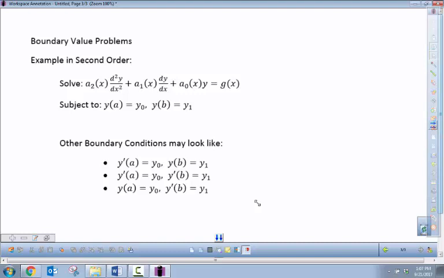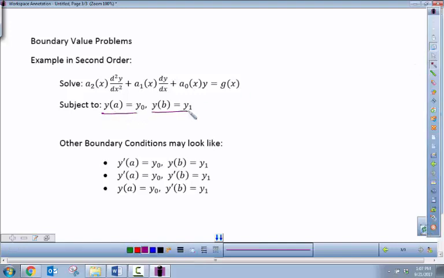If they give you information about the original function's starting point and ending point, from A to B, then this is called a boundary value problem.